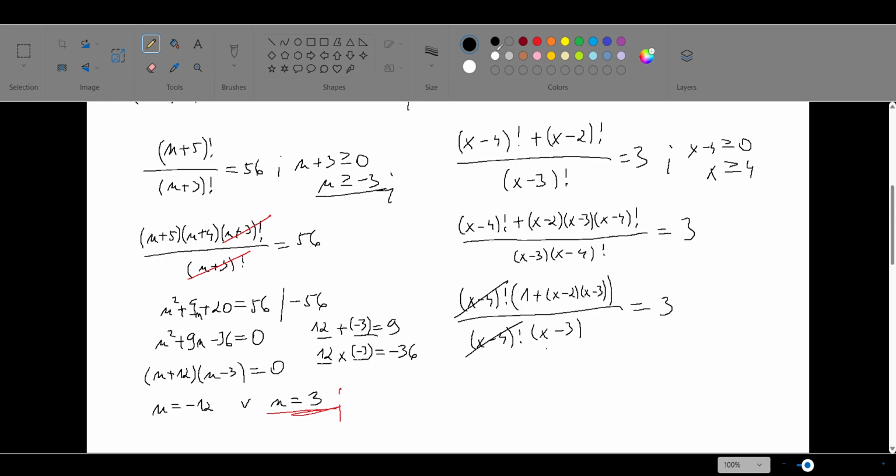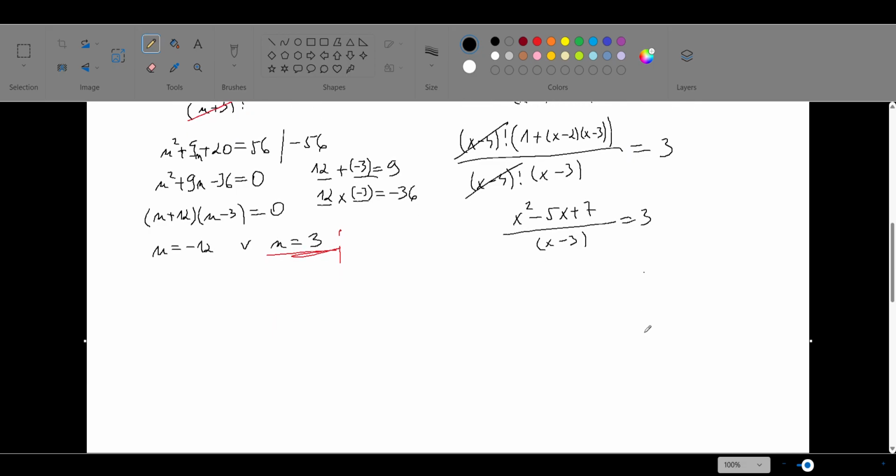Now you simplify the expression in the numerator and it will become x squared take away 5x plus 7 over (x minus 3) is equal to 3.